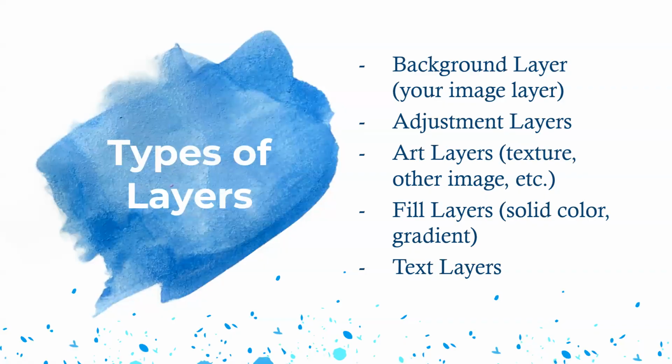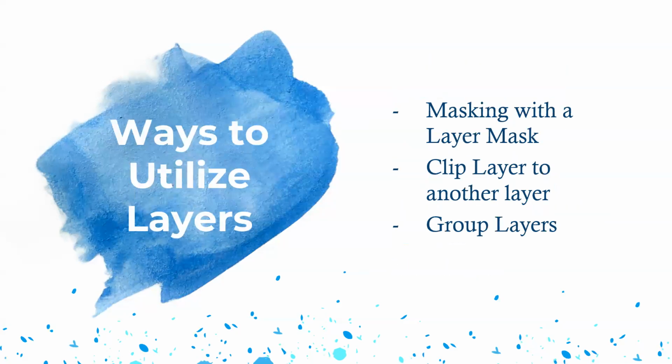Then we have adjustment layers, which we're going to go over, the different adjustments you can do to your image. The art layers would be like a texture, or if you're compositing other images and things that you can bring in. Then we have fill layers, which can be a solid color or a gradient, and text layers. And then there are different ways we can utilize those layers by masking with a layer mask, clipping the layer to another layer, and grouping layers.